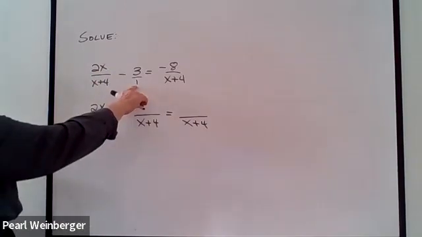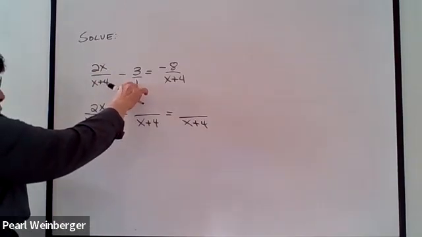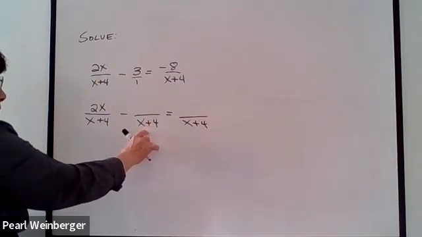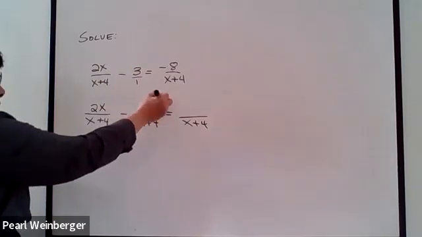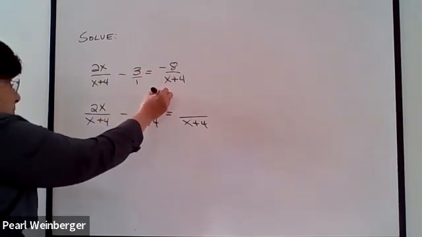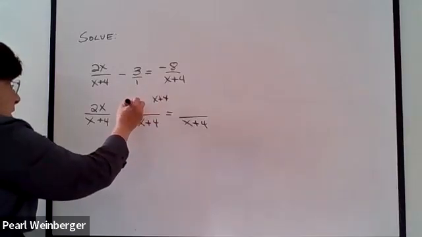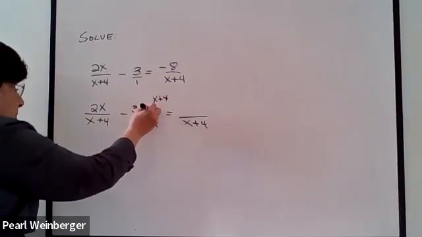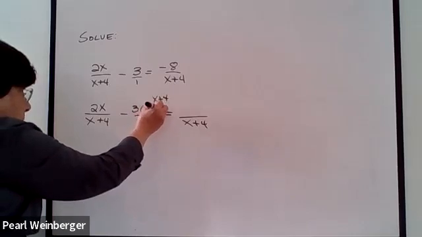But with this one, my denominator is 1 and I want it to be x plus 4, so I have to multiply by x plus 4. I'm going to have to do 3 times x plus 4.